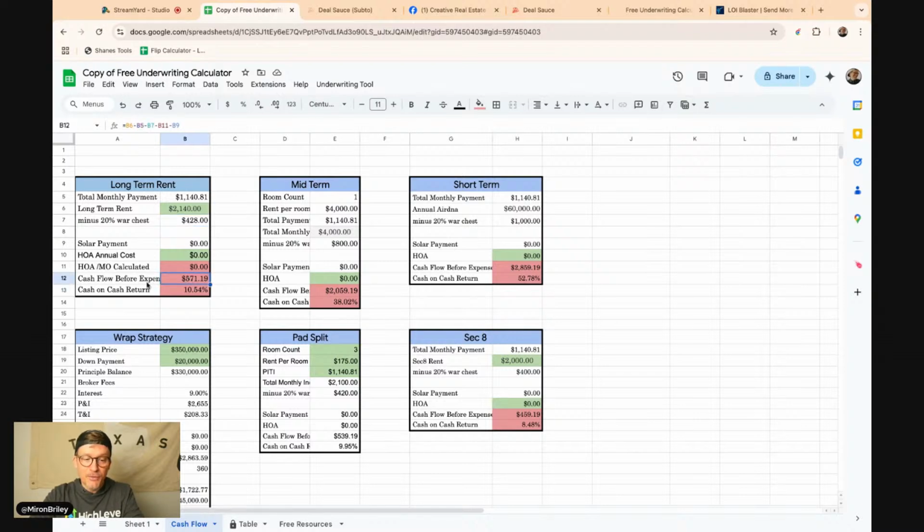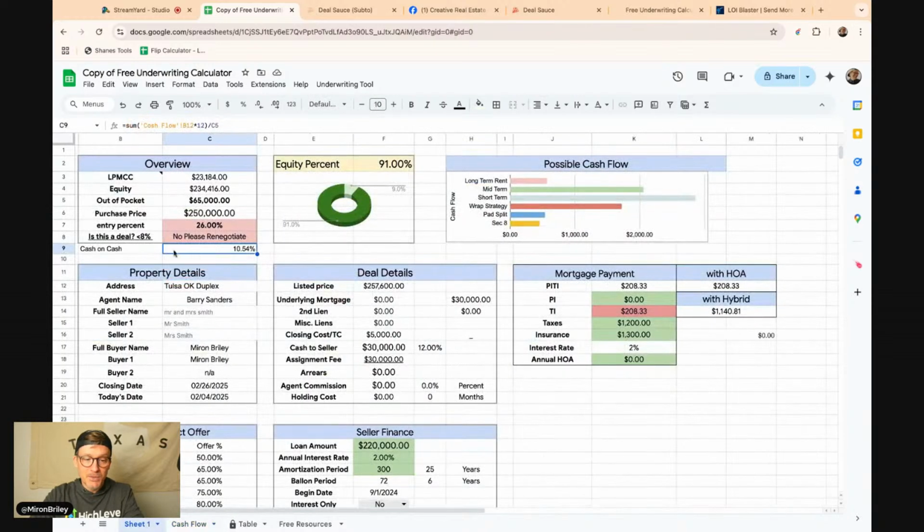After that, I have 571 of net cash flow a month. I'm going to times it by 12 and divide it by how much it took me to buy the property, which looks like about 65 grand, somewhere in that range.